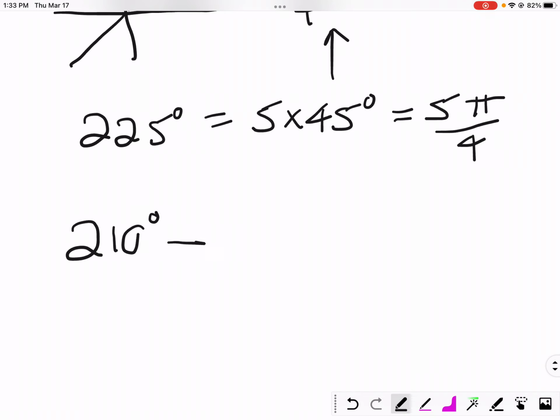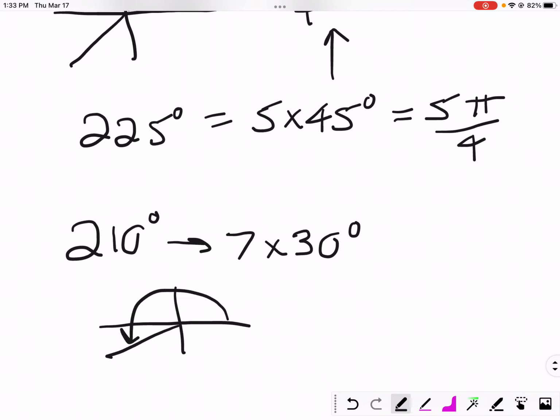Well, that's 7 times 30, and 30 degrees, remember, is 1/6 of pi, or pi over 6. So this will become 7 pi over 6. You'll notice I'm not saying radians anymore. You can write it in there. You don't have to.